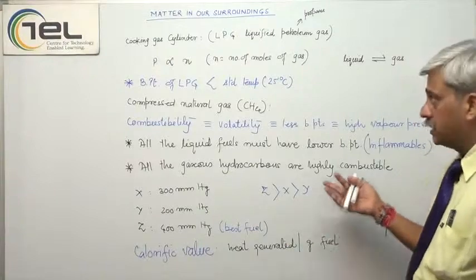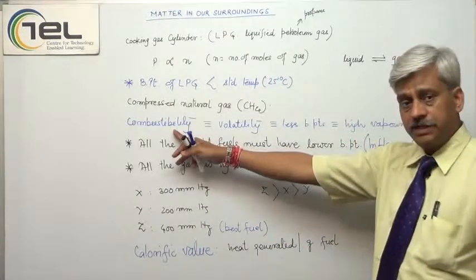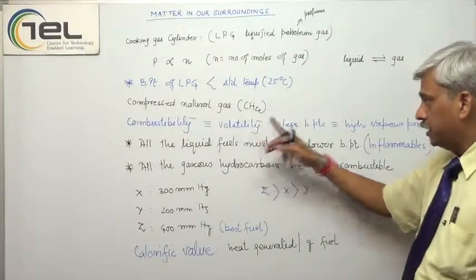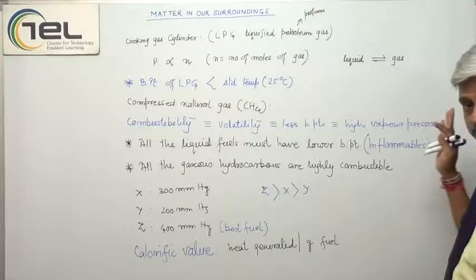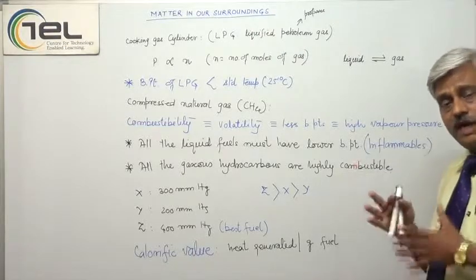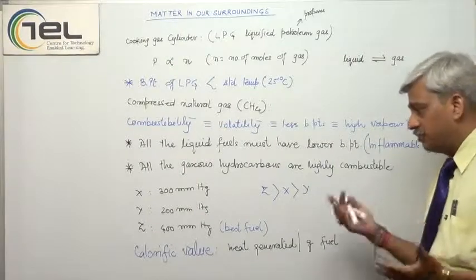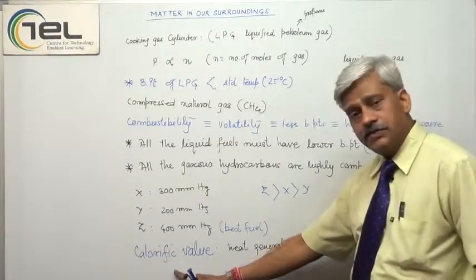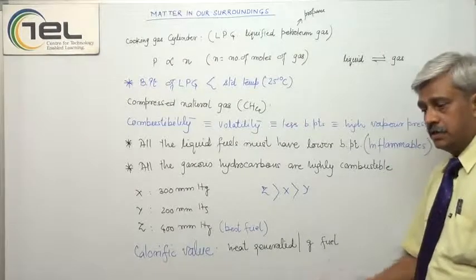These are the matters which have higher combustibility, higher volatility, less boiling points and high vapor pressures. This way we can identify which particular matter can work as a fuel. Then better fuels have high calorific value, which is the heat generated per gram of fuel.